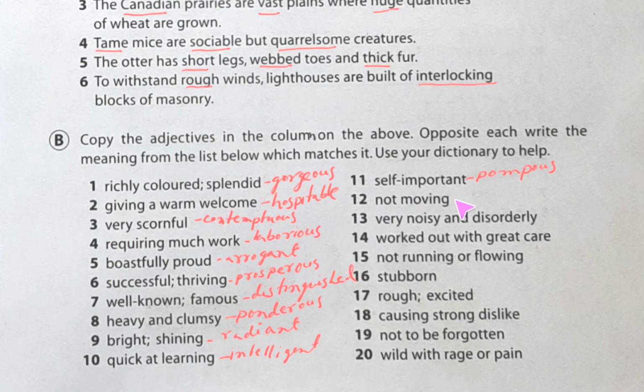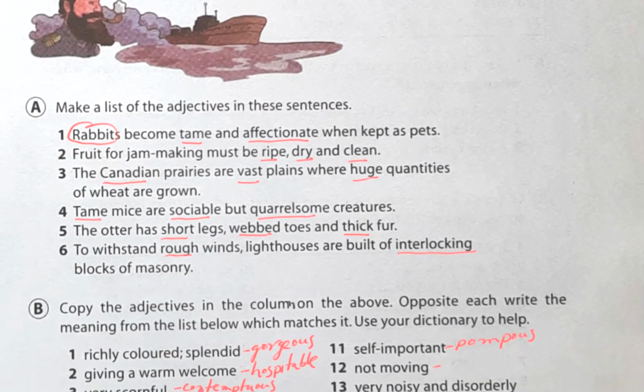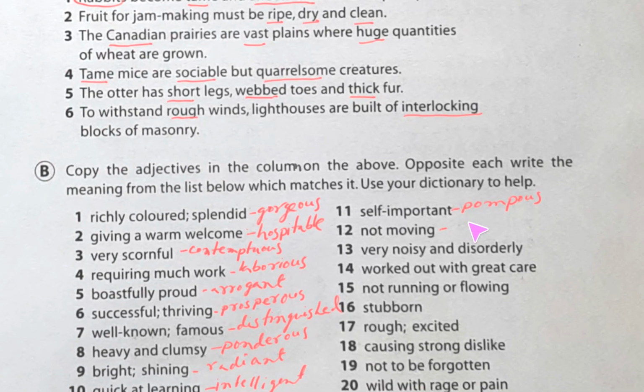Next one, not moving. I think you know all its meaning. After that we can see from above. This one, stationary. So we will write here, stationary. So next one, number 13, very noisy and disorderly. What will be here?